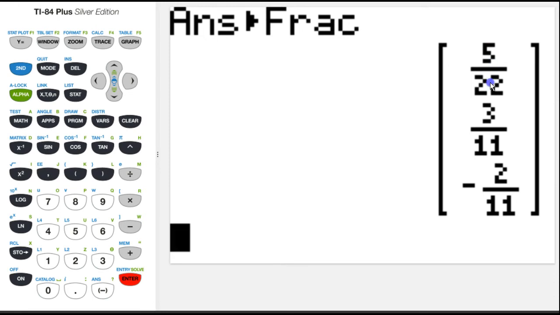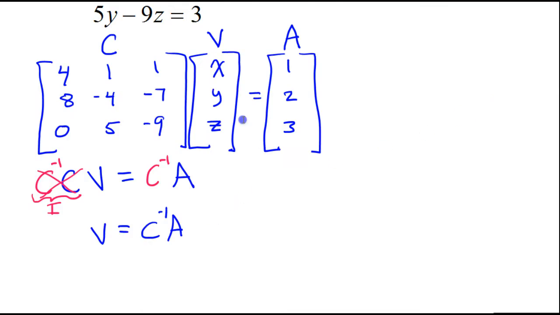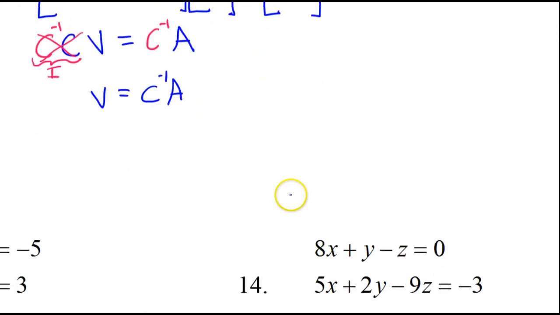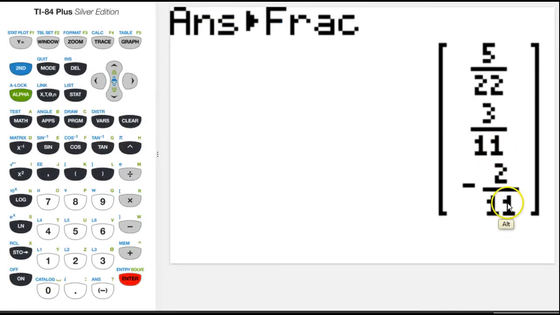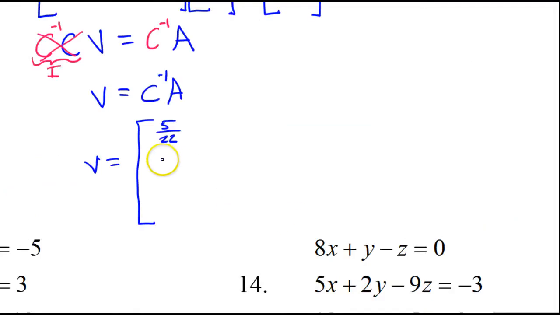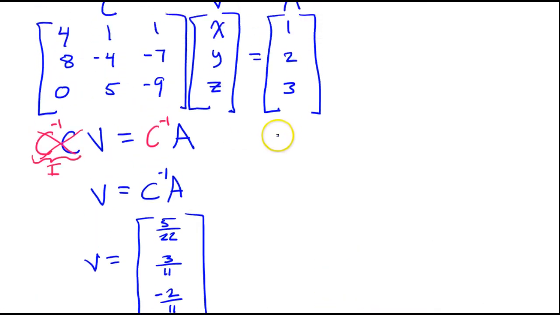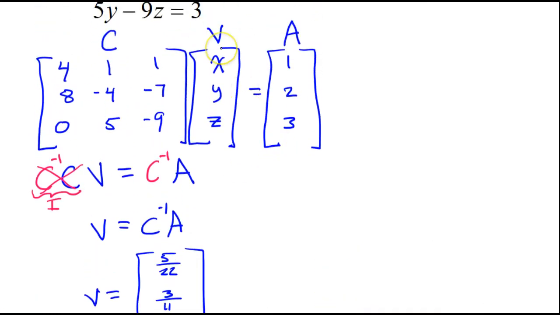So let's see, 5 over 22. Let's see, do I have enough room down here? So matrix V is equal to 5 over 22, 3 over 11, and negative 2 over 11. Which again, please remember that the variable matrix V was x, y, and z in that order.